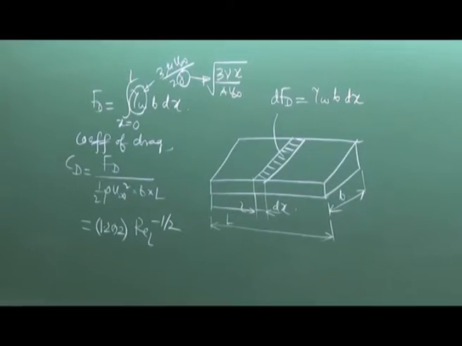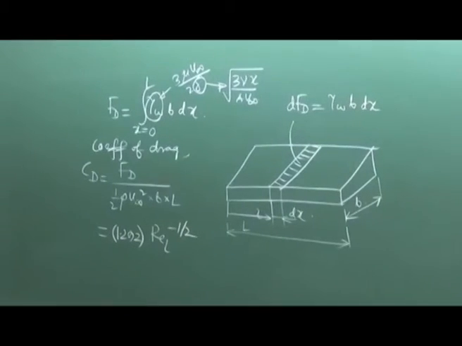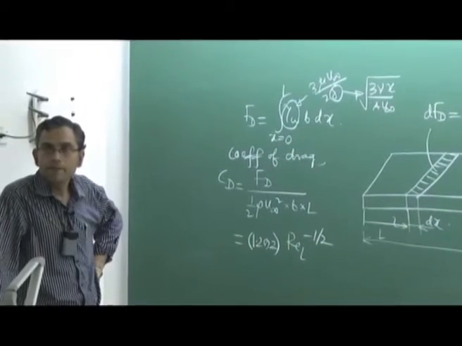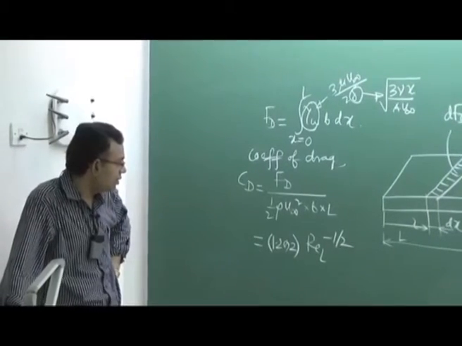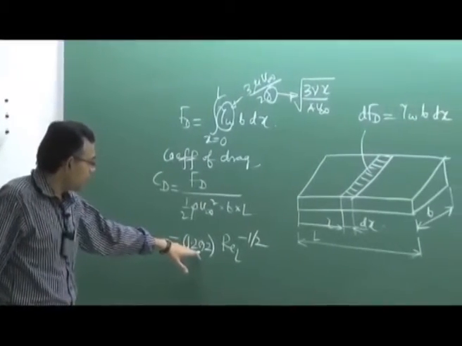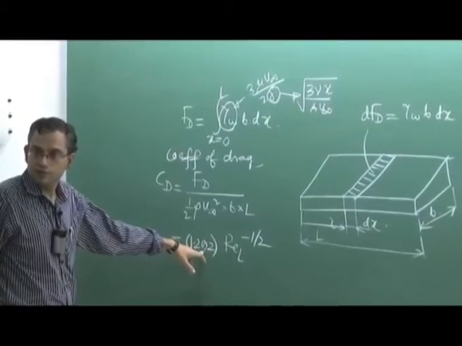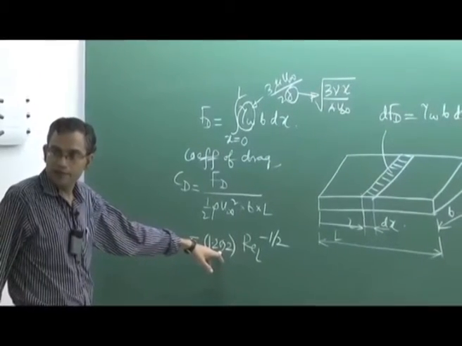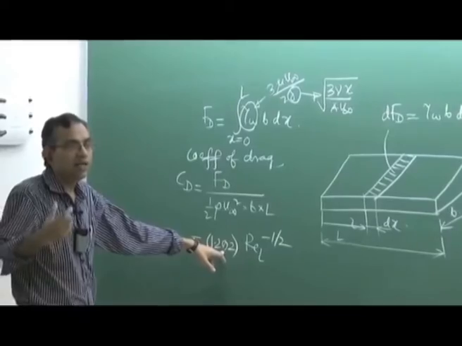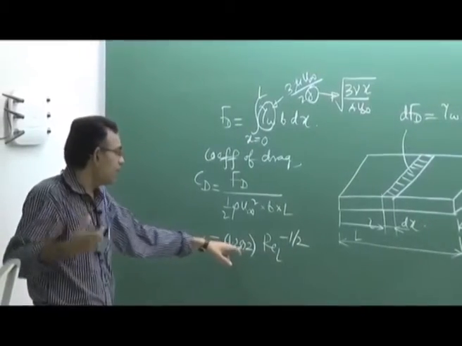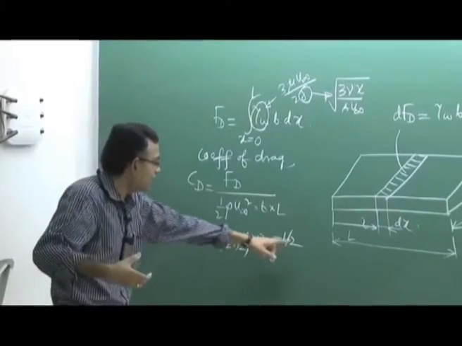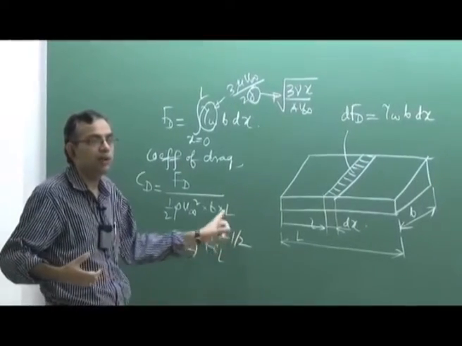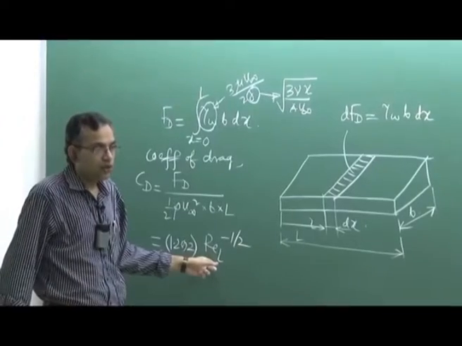If you work out this problem by the similarity solution, this will be typically 1.33, 1.332 like that. So see, the error is really very small. Instead of 1.29, it is 1.3 or 1.33, and this is the main dependence, Reynolds number to the power minus half.